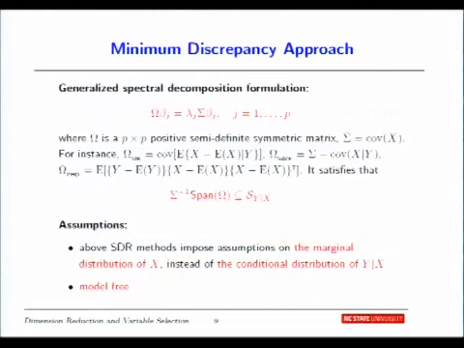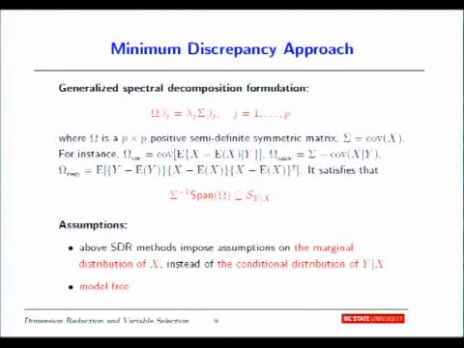So here are a little bit more details. As I mentioned earlier, the majority of sufficient dimension reduction estimators can be formulated as this generalized spectral decomposition, where on the right-hand side, this sigma matrix is simply the covariance matrix of the predictor, and the omega matrix on the left-hand side is method specific.